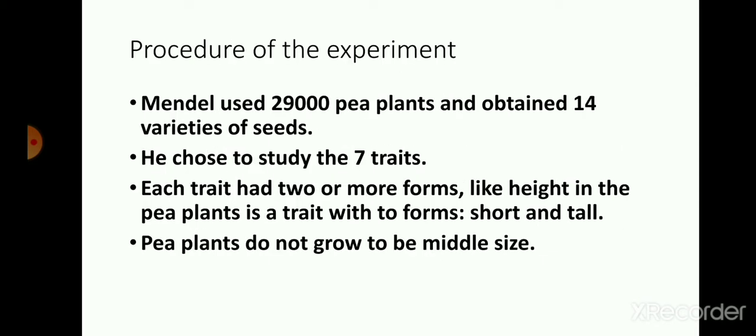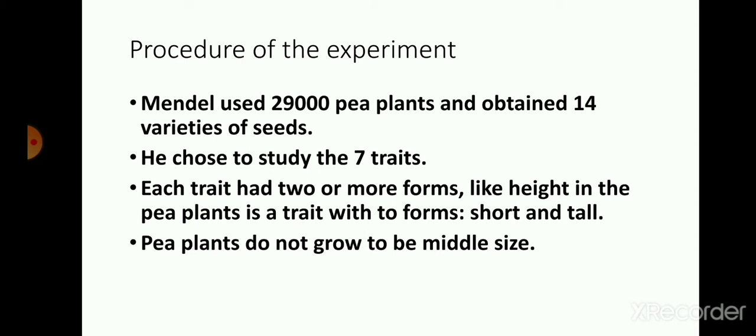In the procedure of this experiment, Mendel used about 29,000 pea plants and obtained 14 varieties of seeds. So he chose to study 7 traits. Basically, in the last lecture we talked about what kinds of 7 traits he chose for his study.